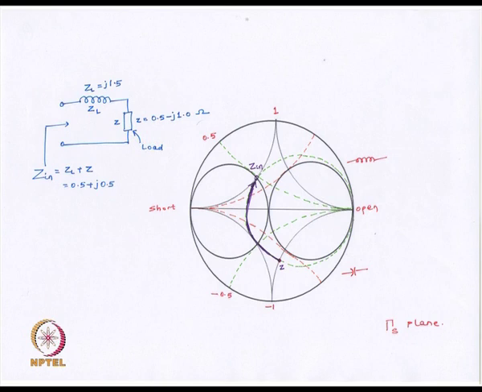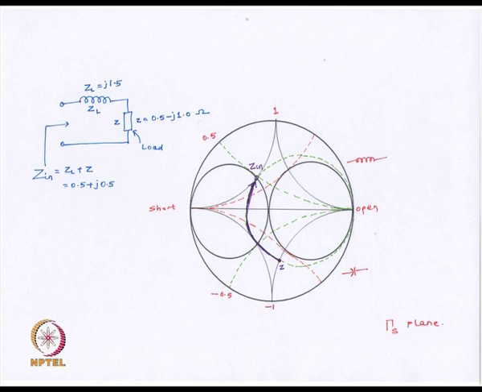Now recall that when you connect an inductor in series, we will be moving in a clockwise direction on the Smith chart. If we connect a capacitor in series, then also we will be moving in a clockwise direction. However, we will be moving towards the bottom side of a Z Smith chart, whereas for an inductive ZL, we will be moving upwards.